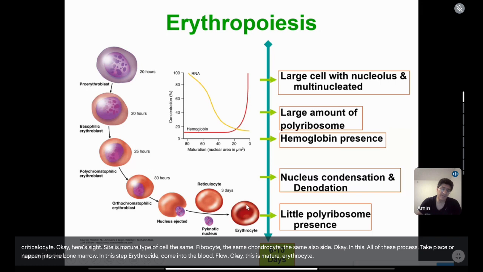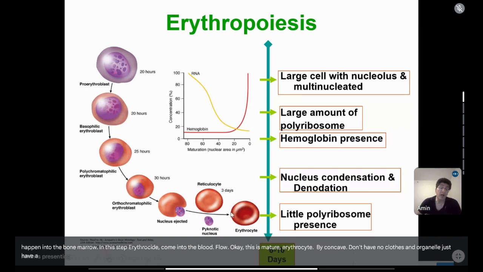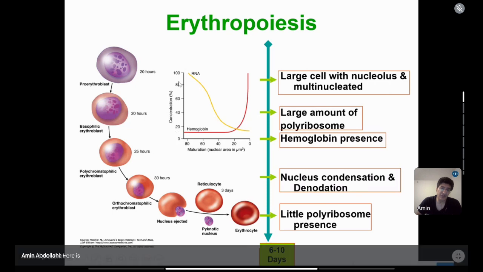This is a mature erythrocyte, biconcave, with no nucleus or organelles, just hemoglobin. You can see in this chart, here is concentration, here is maturation.